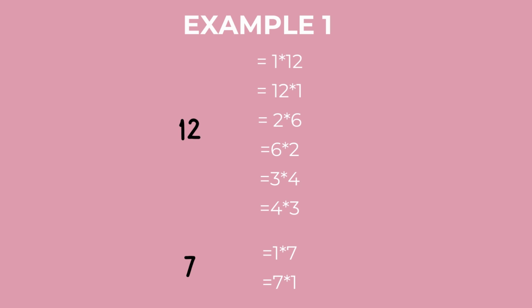Therefore, we will find all ordered pairs of natural numbers whose product is 12. So in this case we will have 1 by 12, 12 by 1, 2 by 6, 6 by 2, 3 by 4 and 4 by 3. And for the second part, since 7 is a prime number, the only possible orders of the matrix are 1 by 7 and 7 by 1.